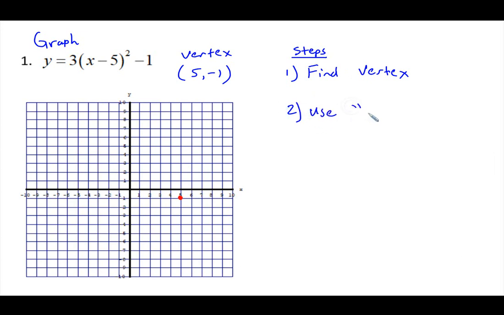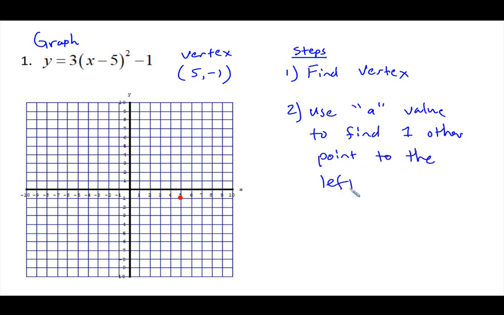So you're going to use the a value to find one other point to the left and right of the vertex. All right, so here's how you do it. I know in this case here a is 3. So I know a is equal to 3.